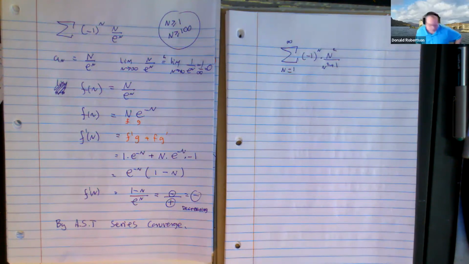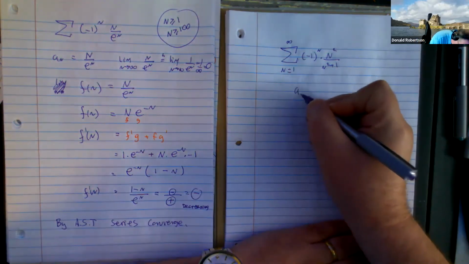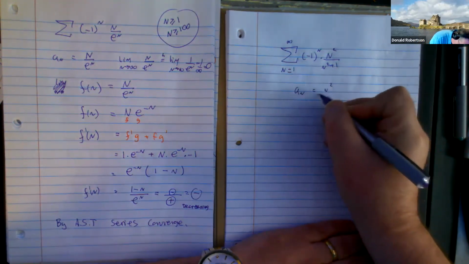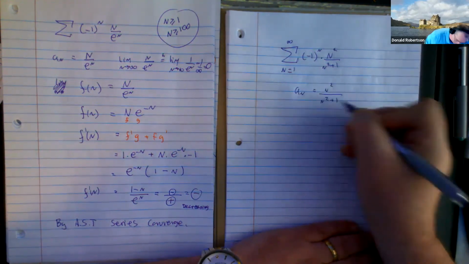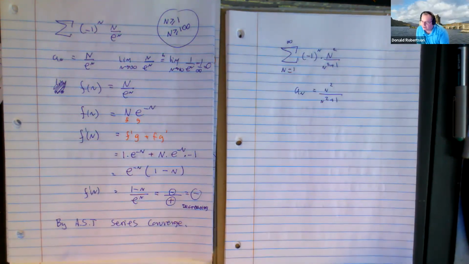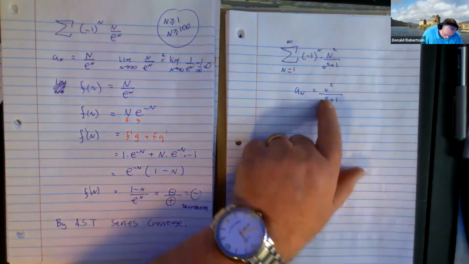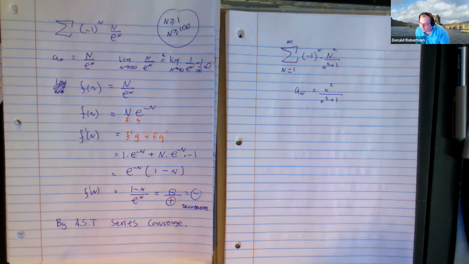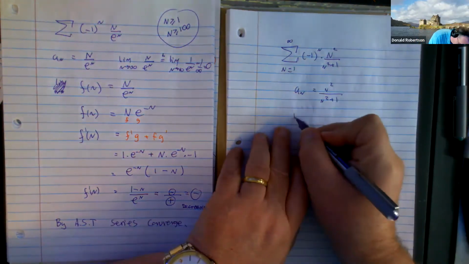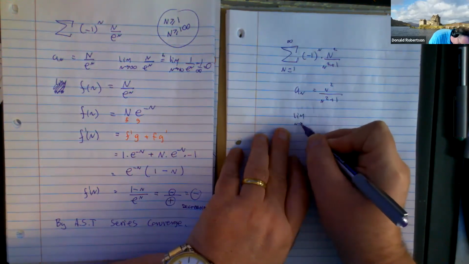Right. Now, the a_n term is n squared over n squared plus 1. So far, so good. You agree it's positive, so that bit's done. Watch what happens to the limit as n tends to infinity.